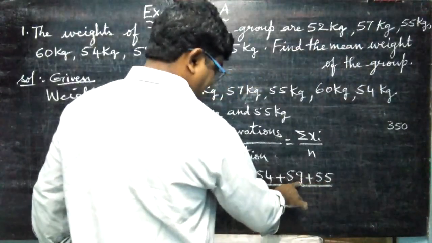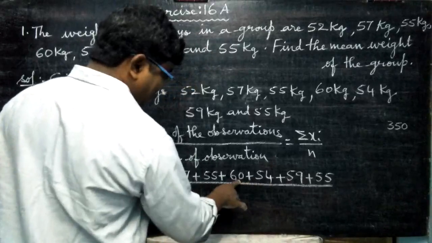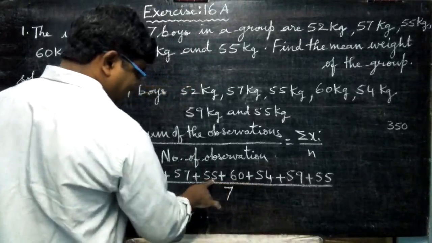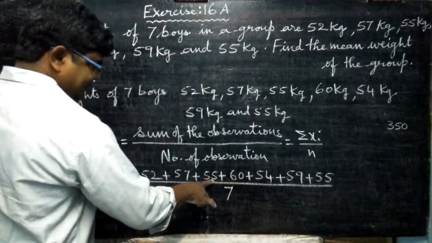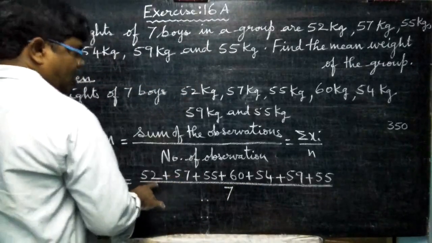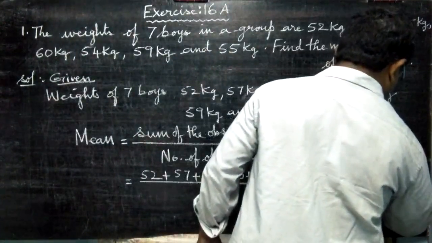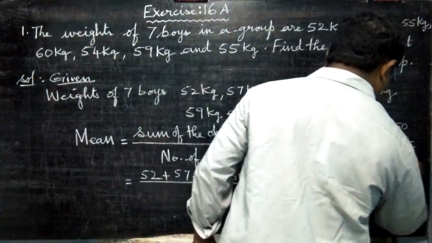5 plus 9, 14. 14 plus 4, 18. 18 plus 10, 28. 28 plus 5, 33. 33, here 7, 40, 42. So total how much we got, miss? 392 we got.